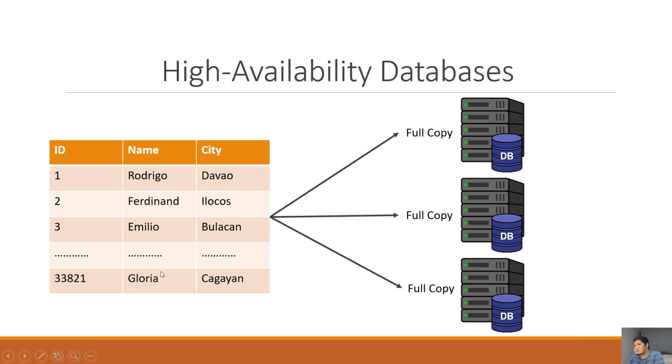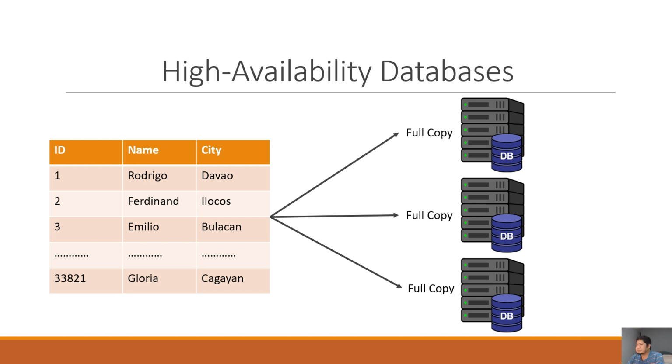So whenever the master database fails and either of these nodes also fails, the transaction can still be completed, because all data are available in the second node and all data are available in the third node. That is why they call it high availability, because the availability of data is high. So that's the concept of high availability.